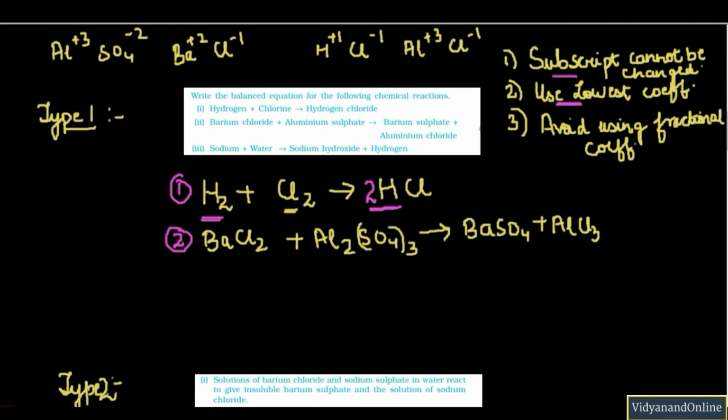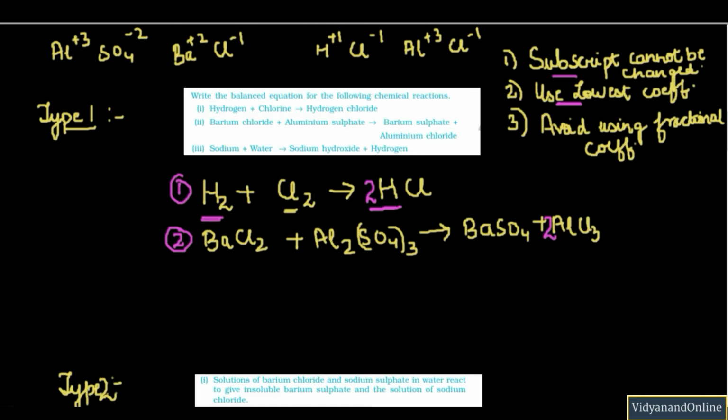Now we are going to balance it. First of all, we balance aluminium because it's a metal. Barium is also a metal, but first we look for aluminium. Al is 2 here, so if I put 2 here, then the aluminium gets balanced. Talking about barium, it is already balanced. Now we'll try to balance chlorine. Chlorine is 3 times 2, which is 6, so you multiply it.